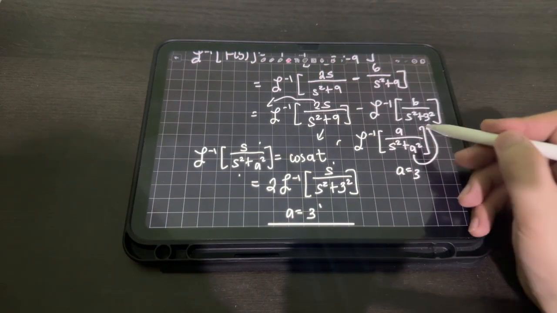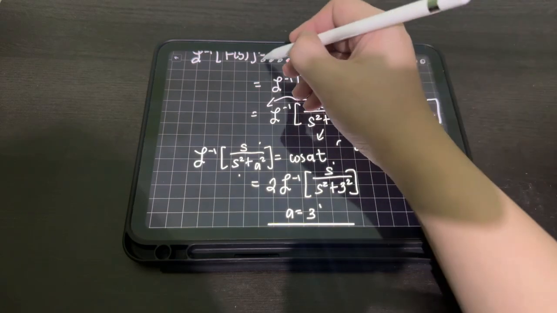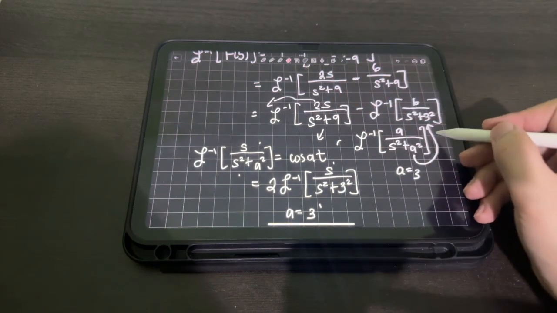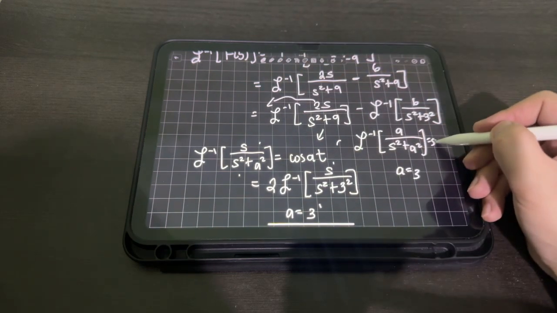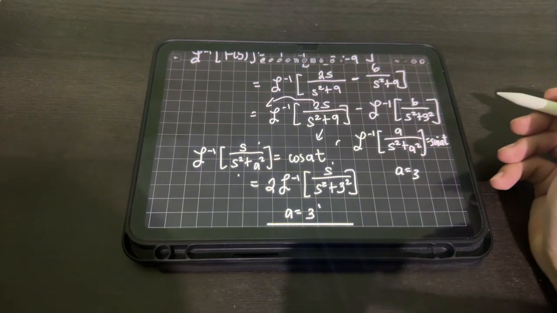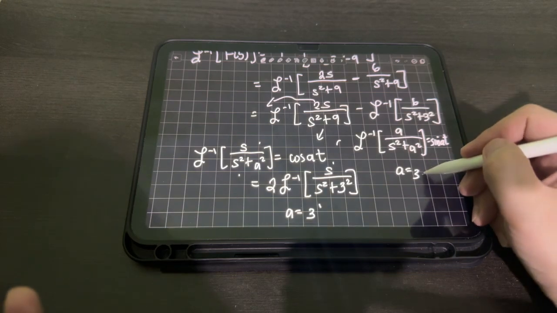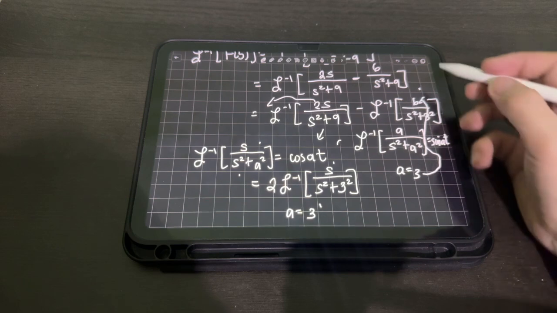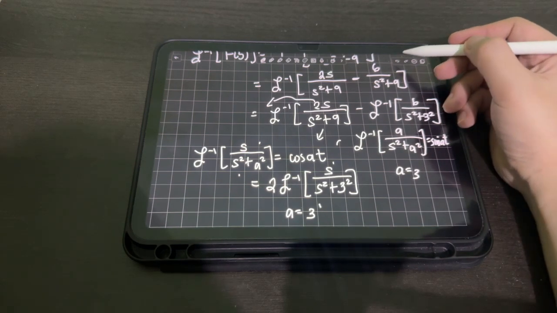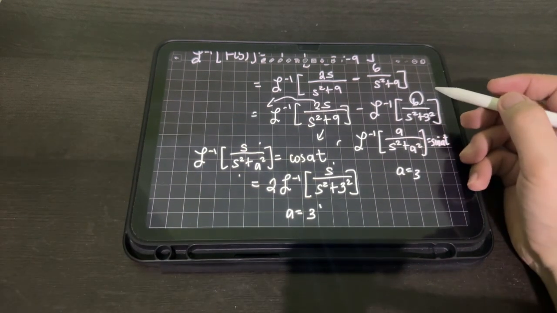This, by the way, is equal to sine at. Okay? So going back, we should have a constant a on the numerator as well, which is 3. But notice that we have 6 on the numerator.